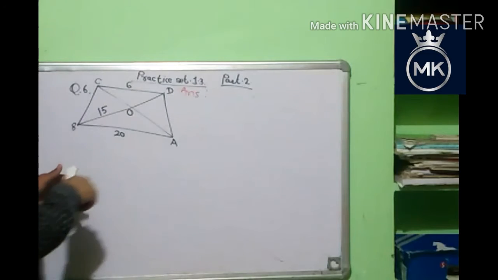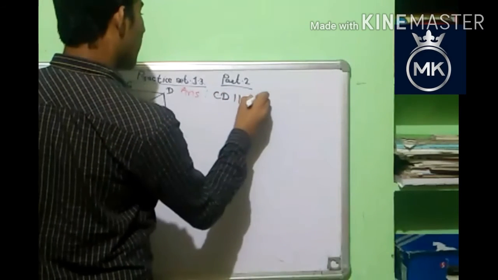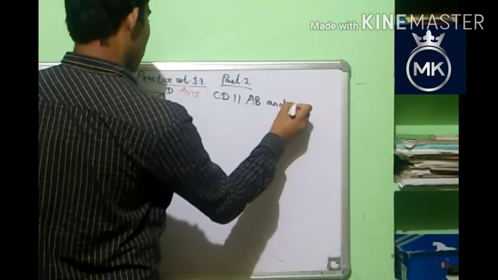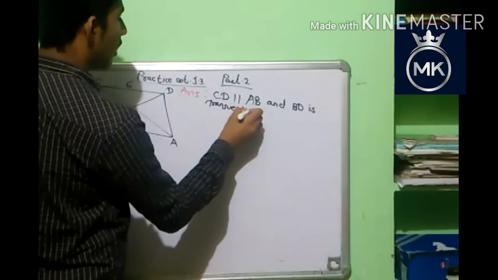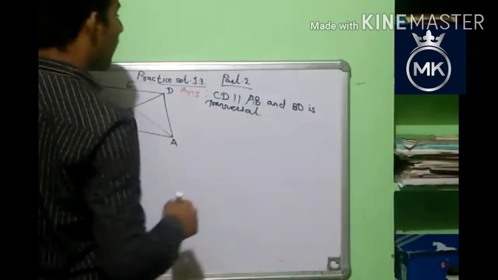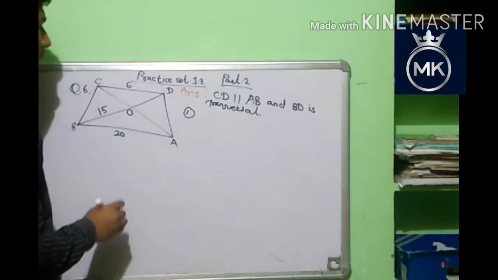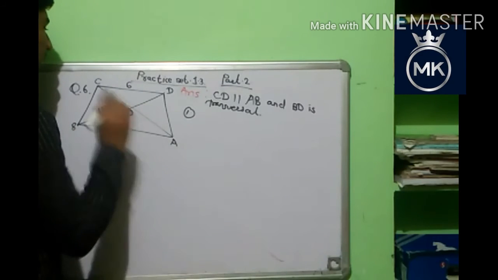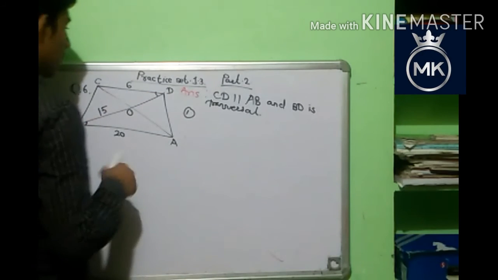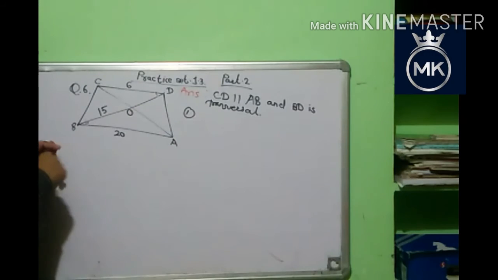The first step is: CD is parallel to AB and BD is a transversal, like in the previous question where we found the value of OD. So the first pair of alternate angles here is angle CDB congruent to angle DBA.